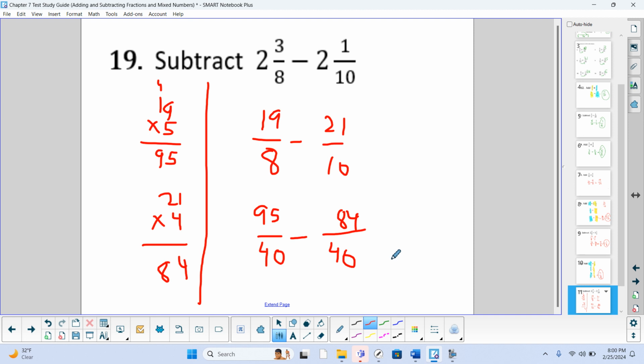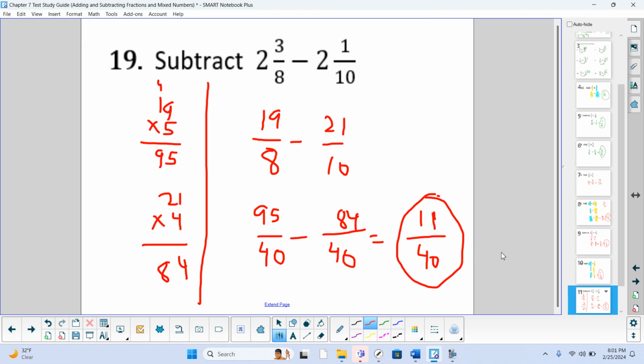You get 84. So now when I subtract 95 over 40 minus 84 over 40, I'm going to get something over 40. Well, 95 minus 84 is going to be 11, and our answer, make that a little neater, is 11 over 40.